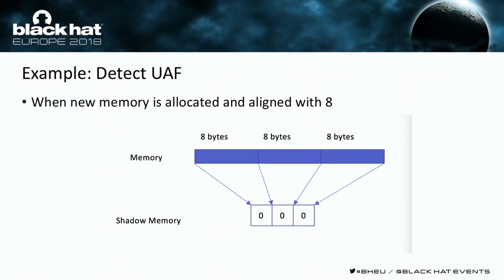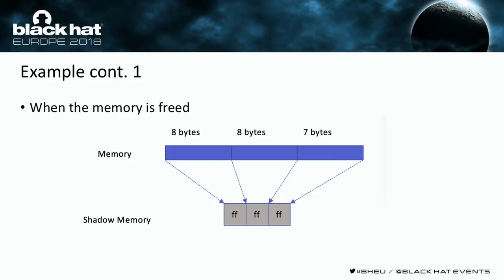Let's see an example of how to detect UAF by using KASAN. When you allocate a buffer in kernel memory, the related shadow memory is initialized as value 0. And when this memory is freed, the shadow memory value becomes a negative value, for example FF, FD, FE, something like that.